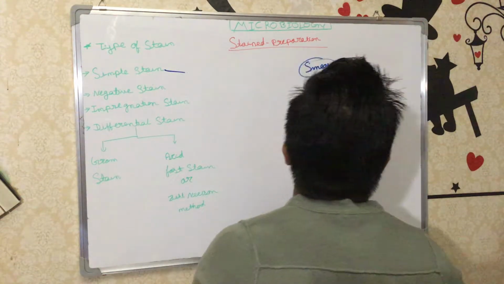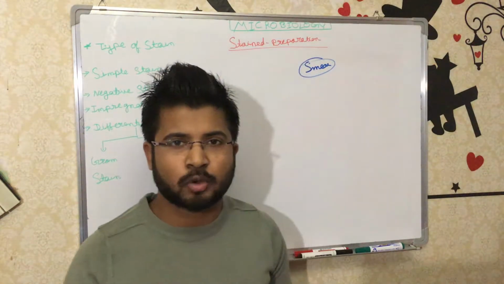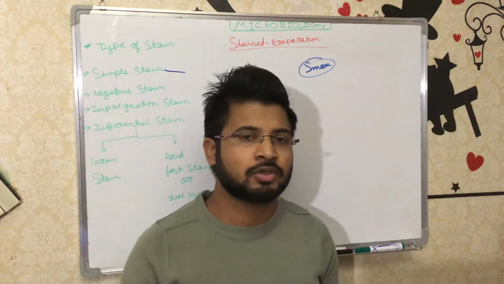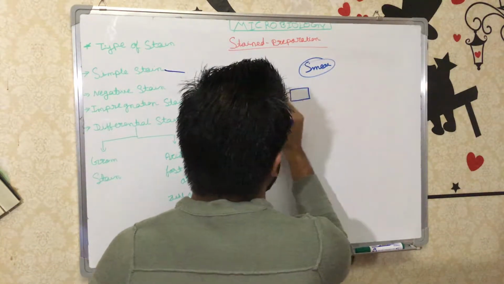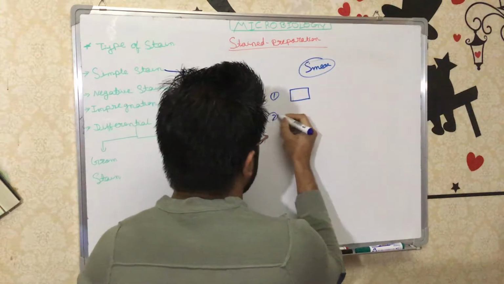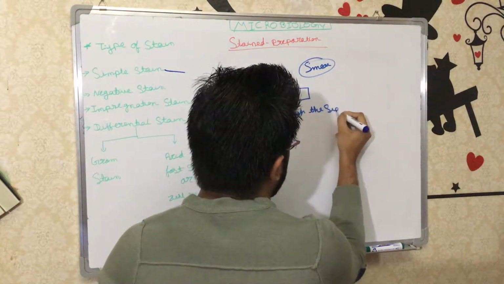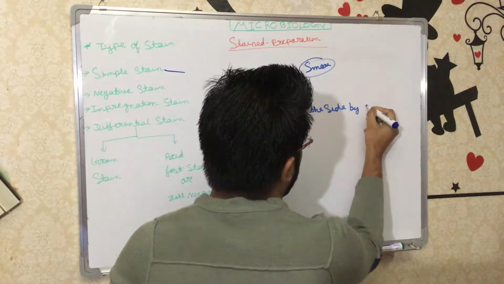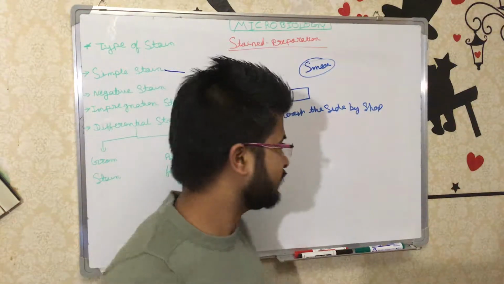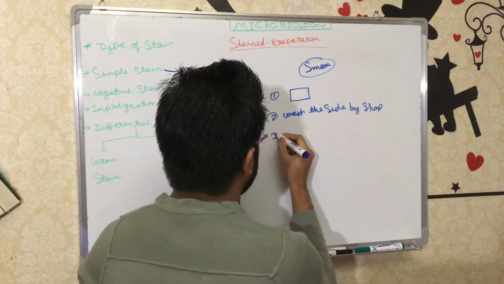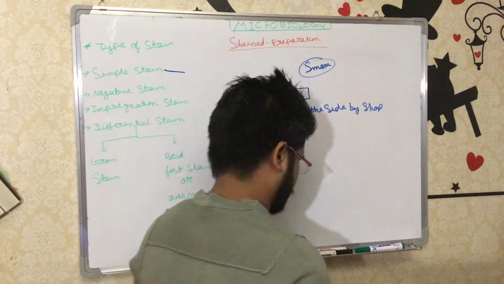For microscopic identification, we need a slide. So first we take a slide. Second, wash the slide with soap or maybe detergent. After washing, third, dry the slide completely.